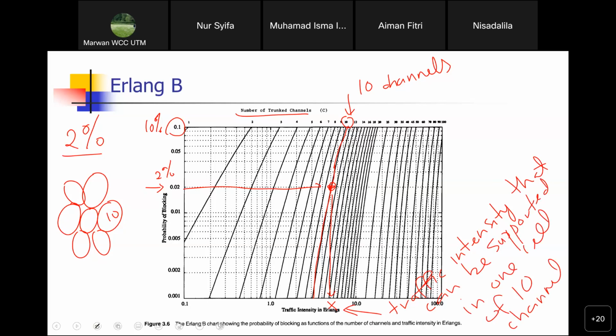So you have to look at that part over there. You need to find what is the traffic intensity in Erlang that can be supported in one cell. Then this one cell is 10 channels.